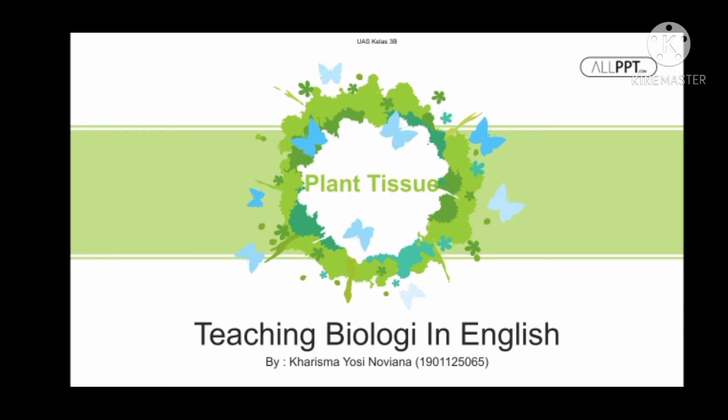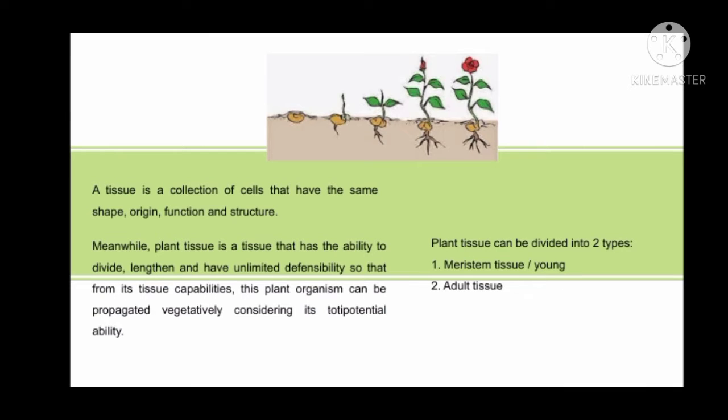I will explain about plant tissue. Do you know why trees get bigger and taller? This is because the cells continue to actively divide. The cells will then come together, and if they have the same shape, structure, and function, they become a tissue.